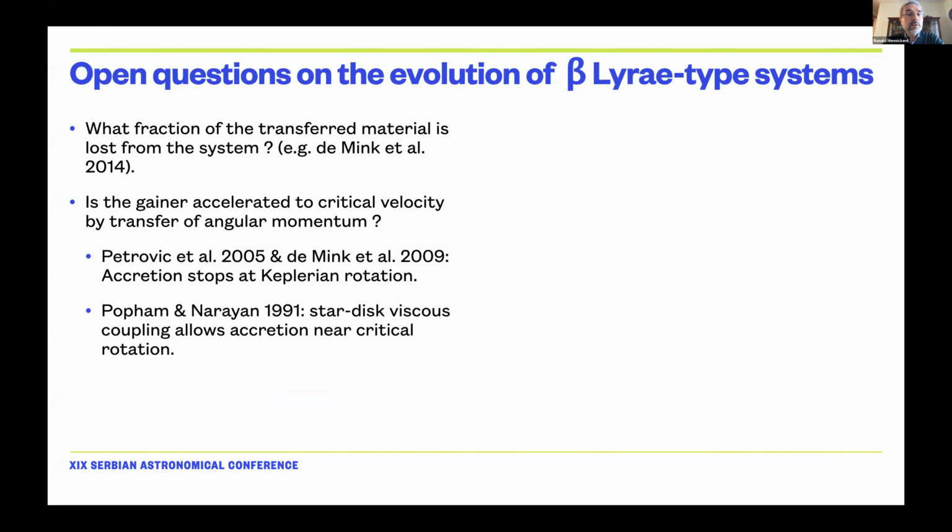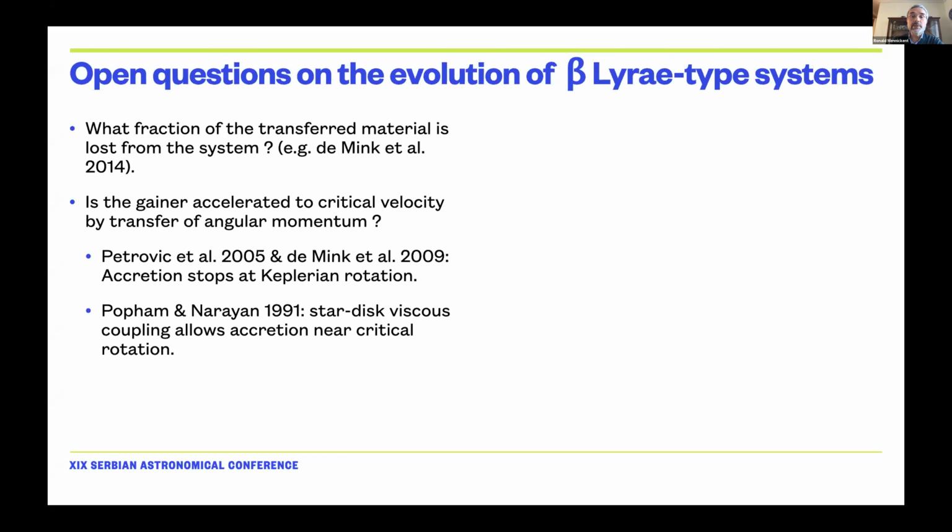Another question is whether the gainer is accelerated to critical velocity by transfer of angular momentum during the mass transfer. Petrovic et al. and Deming suggest that the accretion stops at Keplerian rotation, but Popham and Narayan suggest that the star-disk viscous coupling allows accretion near critical rotation.